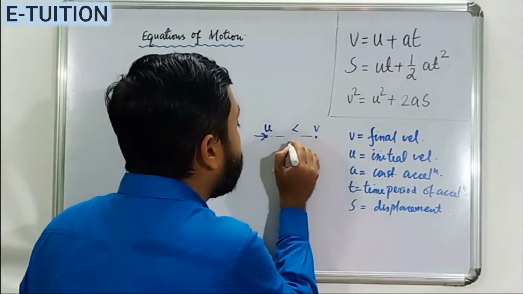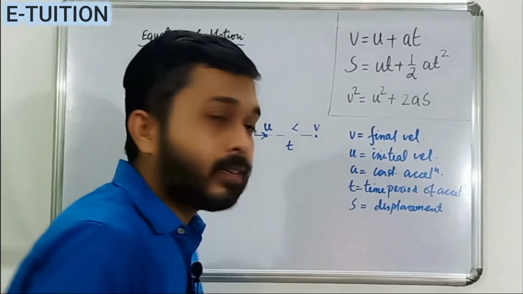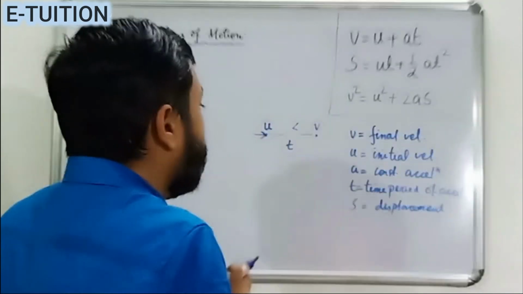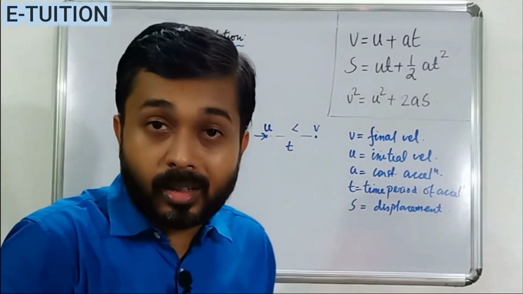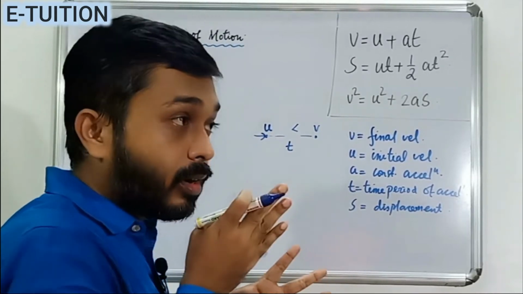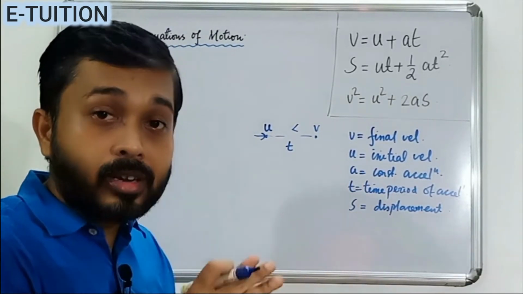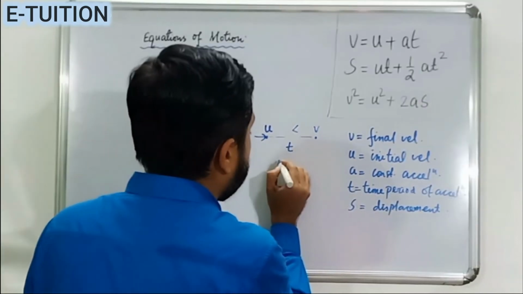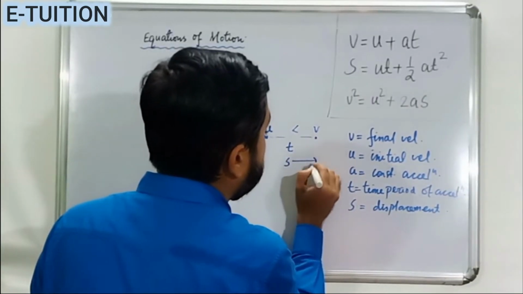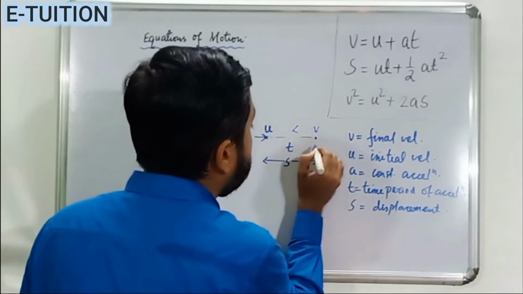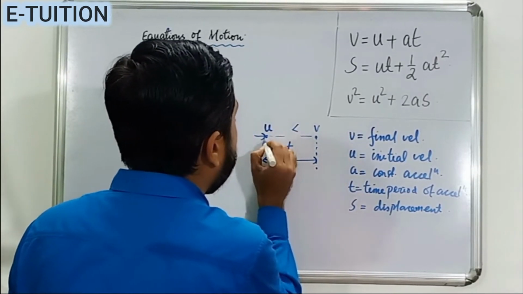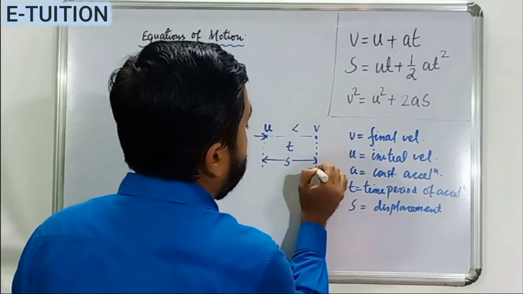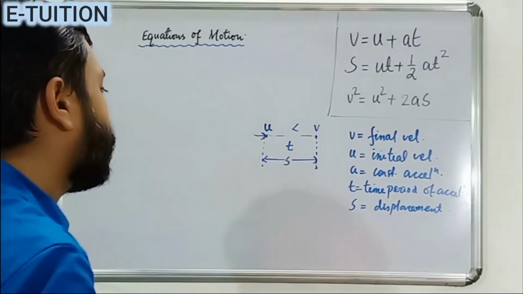The time interval for which the body has moved with constant acceleration is t. The length of the path which the body has traveled along a particular direction is s. So this is basically s from here up to here. s is displacement.